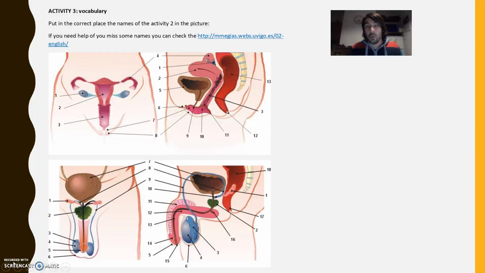If they don't know which is the correct place, they can check the answer in this link that appears over here, where it is well explained where every part is.